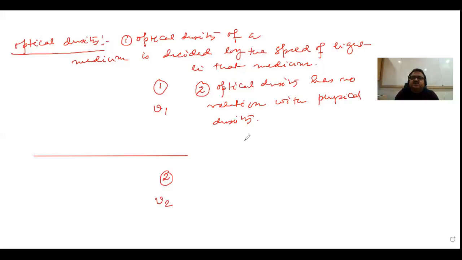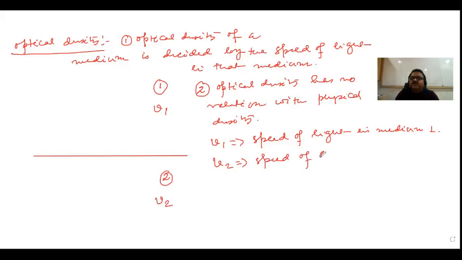Now, suppose V1 denotes the speed of light in medium 1 and V2 denotes the speed of light in medium 2.